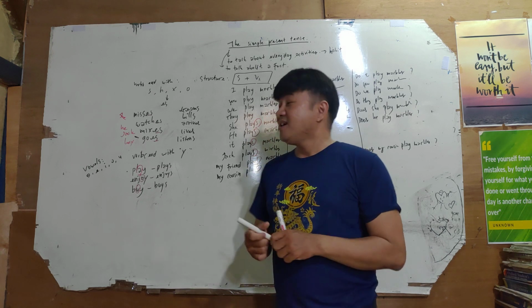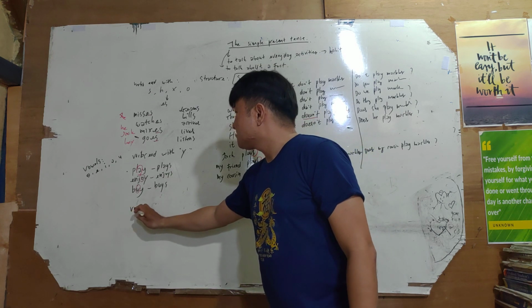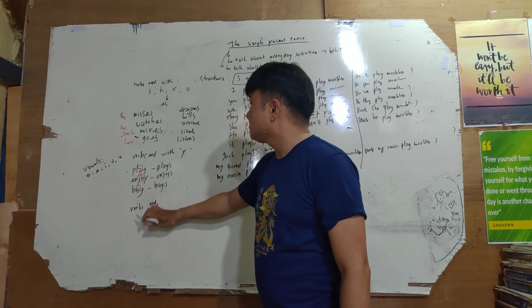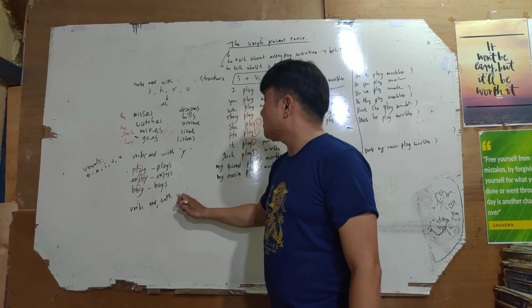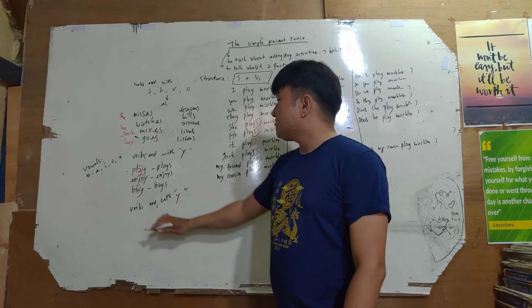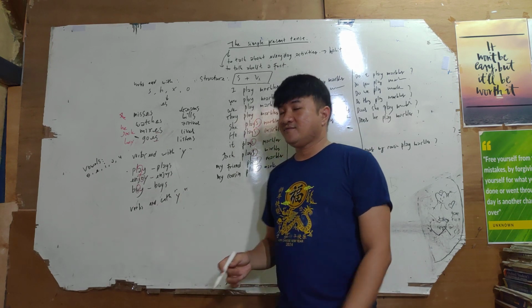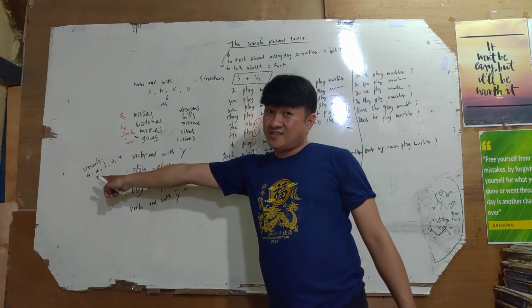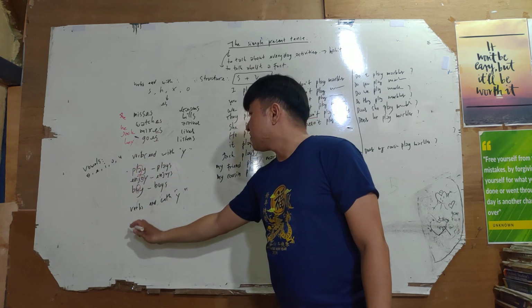On the other hand, if the verb ends with Y, but there's not a vowel, it's a consonant that comes before the Y. A consonant is any letter in the alphabet except the vowels.